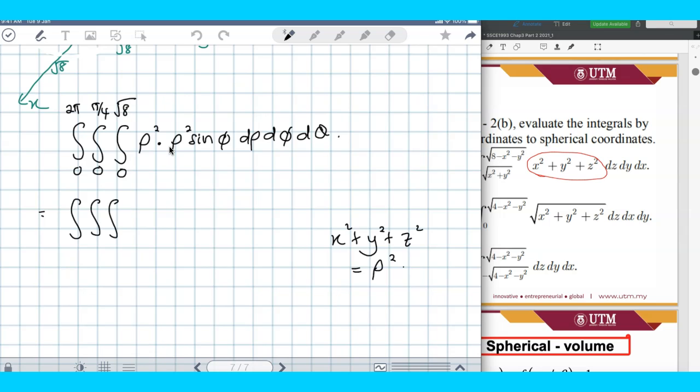So now we simplify. So you have rho squared times rho squared, which is rho to the 4, sine phi d rho d phi d theta.